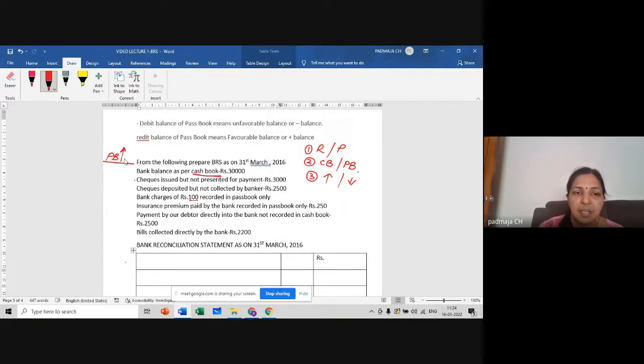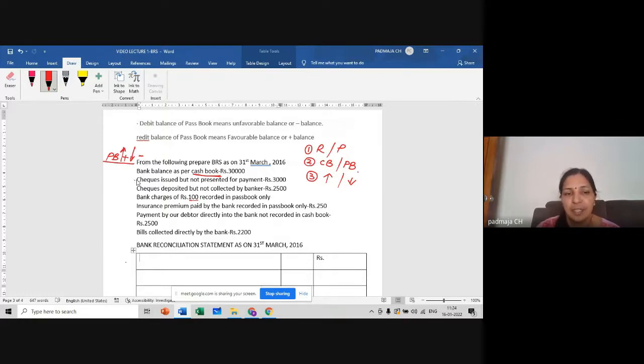So, what does it mean? If there is an increase in passbook, you need to add in cash book. If there is a decrease in passbook, you need to deduct in cash book. So, this is the simple logic, guys. If cash book is given, write aside passbook. If there is an increase in passbook, you need to add. If there is a decrease in passbook, you need to deduct.